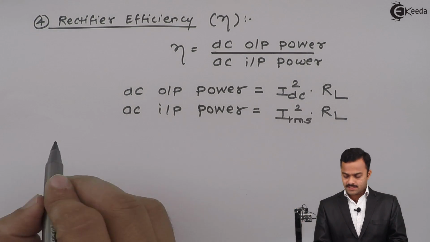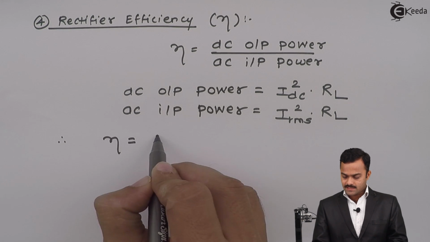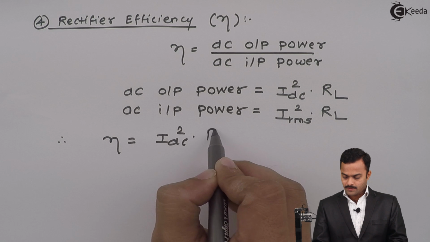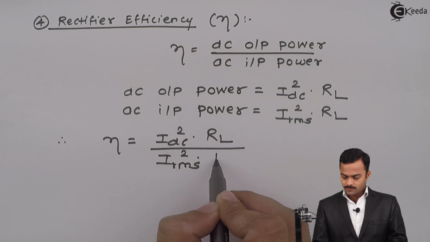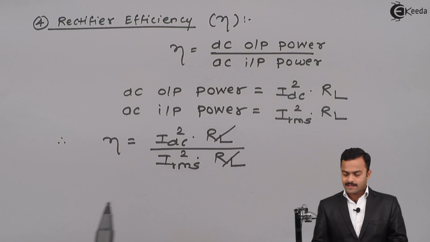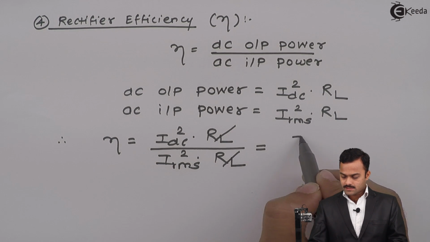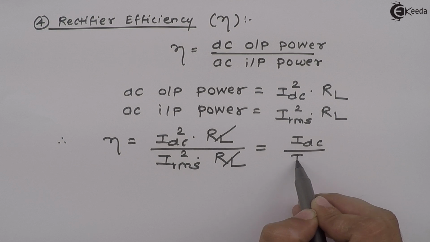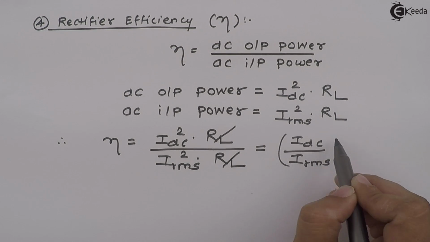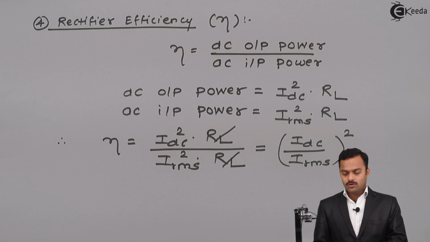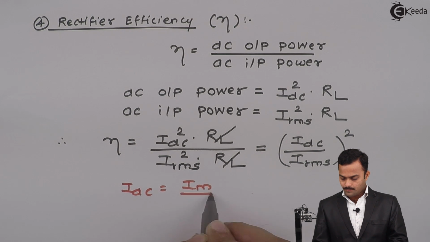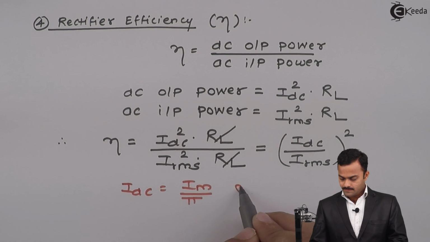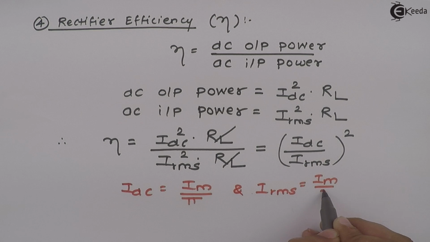So if I substitute this, I will get rectifier efficiency as IDC square multiplied by RL divided by IRMS square multiplied by RL. RL I can cancel out. So ultimately it is IDC upon IRMS whole square. And we know IDC is nothing but Im upon pi, and IRMS for half wave rectifier is Im by 2.